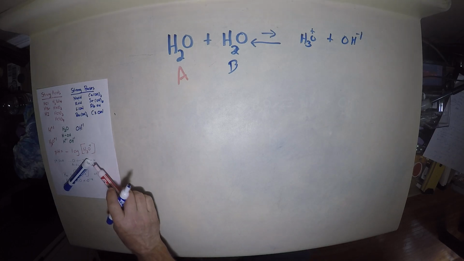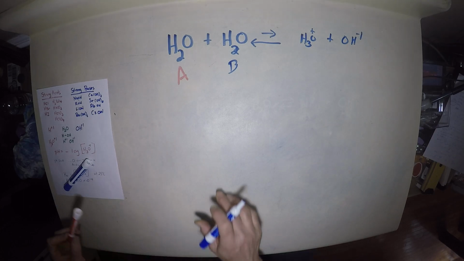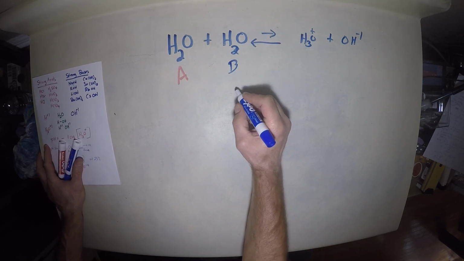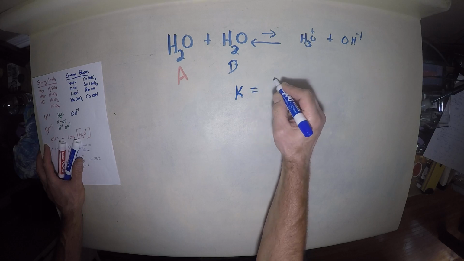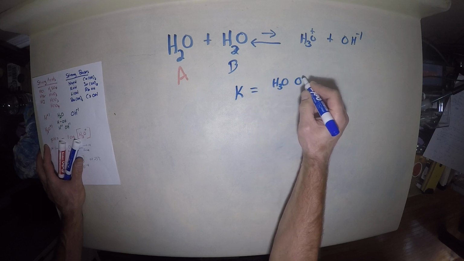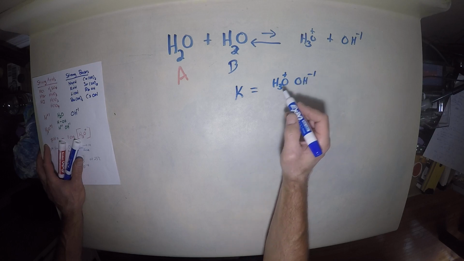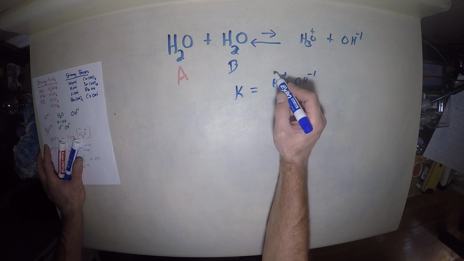And in this case, if the hydronium and hydroxide only come from two waters, in other words, nothing else is added, then the equilibrium expression looks like that. And we would have two waters on the bottom.